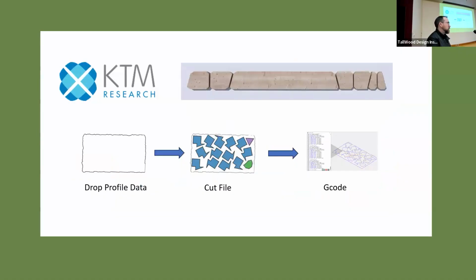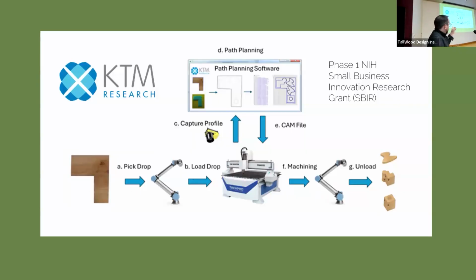Where we're at the moment with them, and actually I should mention, sorry, I think I've got the wrong acronym. This was not an NIH, this was a NIFA. But we have a phase one SBIR, which is a small business innovation research grant, for $75,000 to do this. And we're optimistic about phase two.